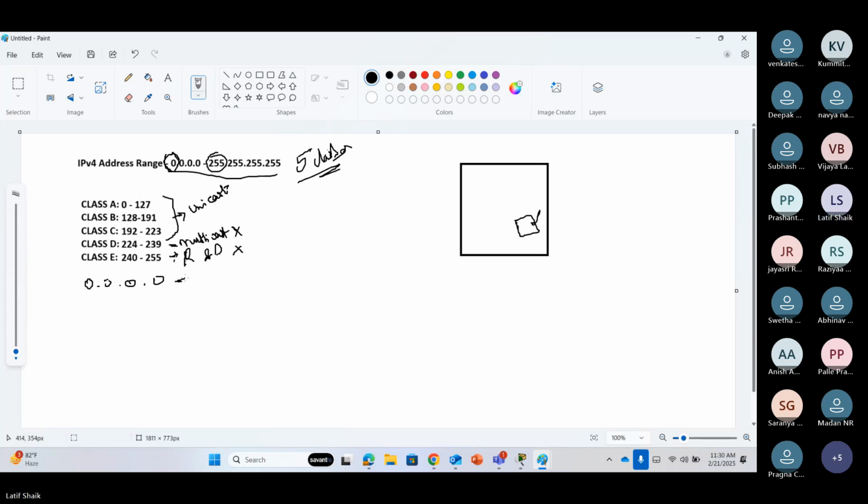Even I said IP address is configured automatically from a DHCP server. But how does the DHCP server know you want an IP address? DHCP does not know that. So the client should send a request to the DHCP server, and the DHCP server will give some IP address to the client. First of all, the client doesn't know who the DHCP server is, so it wants to find where the DHCP server is.